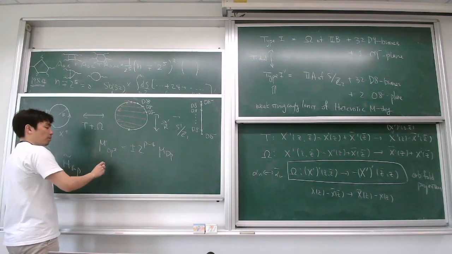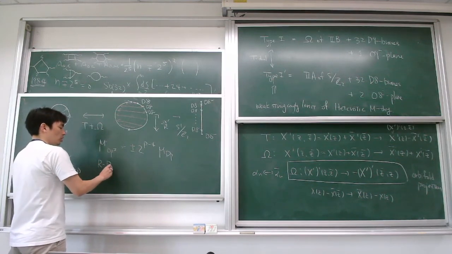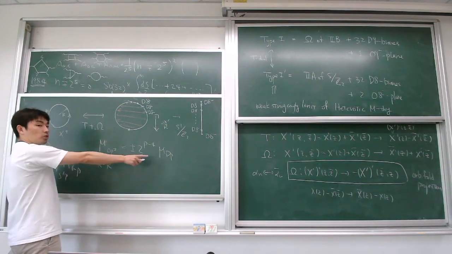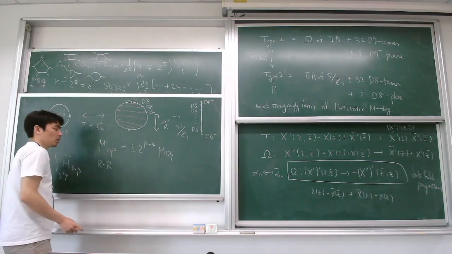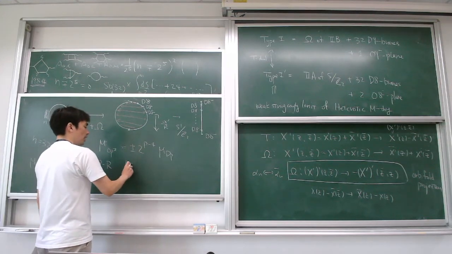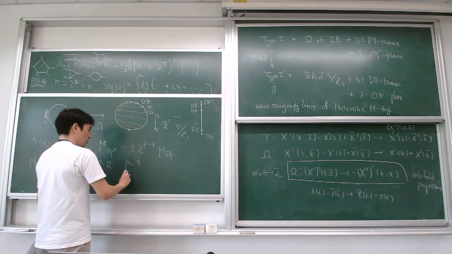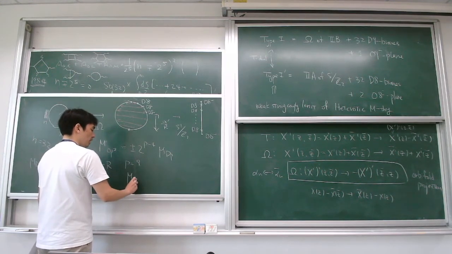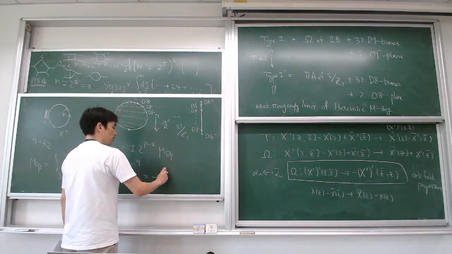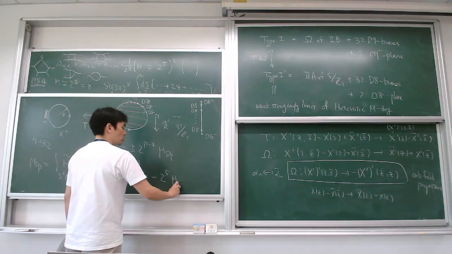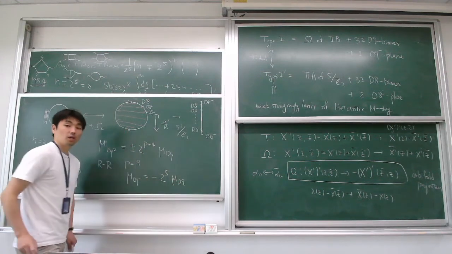But all O-planes also have a Ramond charge, and that is proportional to the Dp brane charge, up to some factor. If you look at p equal to 9, for instance, the charge of the O9 plane, O9 minus, is indeed minus 2 to the 5 times the charge of the D9 brane.